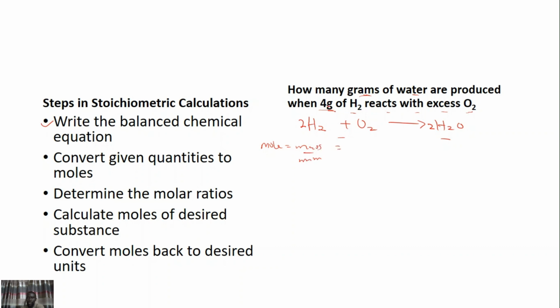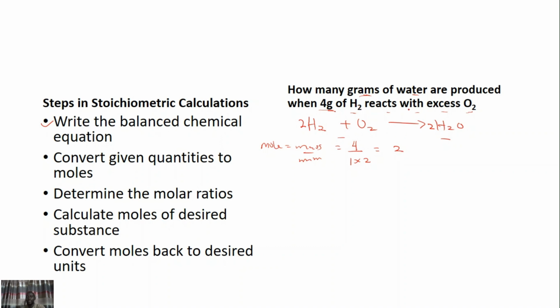The mass of hydrogen is 4, over the molar mass of hydrogen, which is the relative atomic mass of hydrogen times 2, which is equal to 2. So the mole of 4 gram of hydrogen gas is equal to 2.